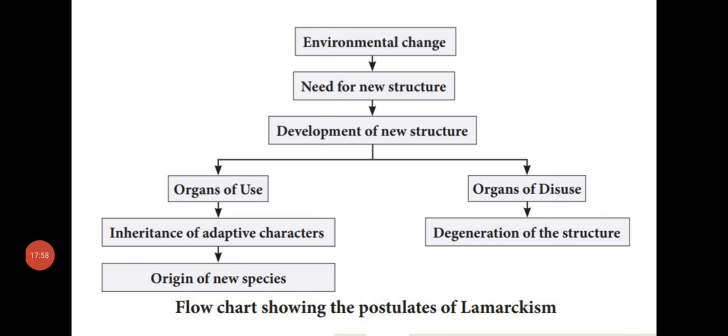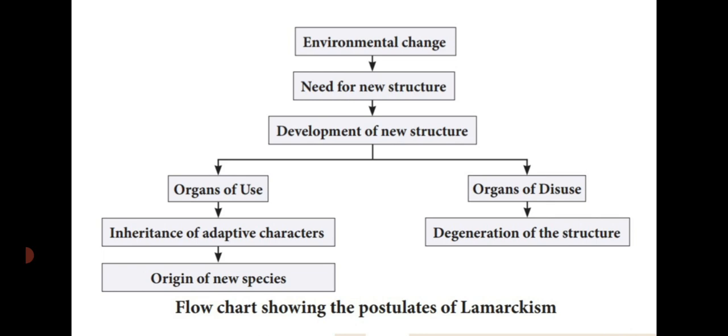Dear students, up to this we have seen the different principles of Darwinism, and in the last video class we saw the principles of Lamarckism. A diagrammatic representation explains the principles of Lamarckism. First one, environmental changes.